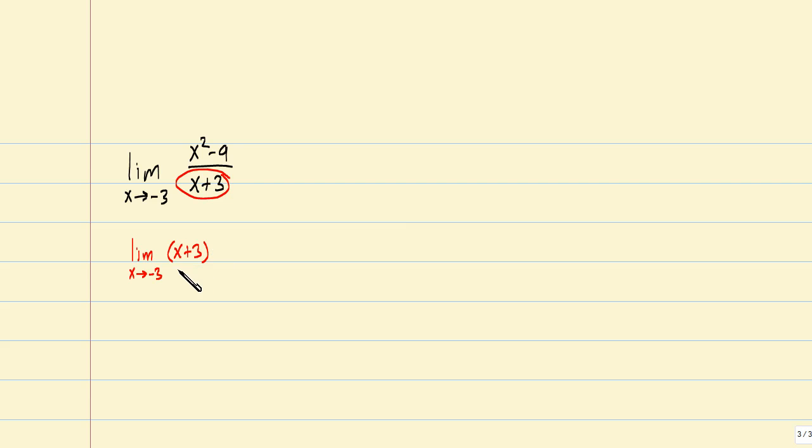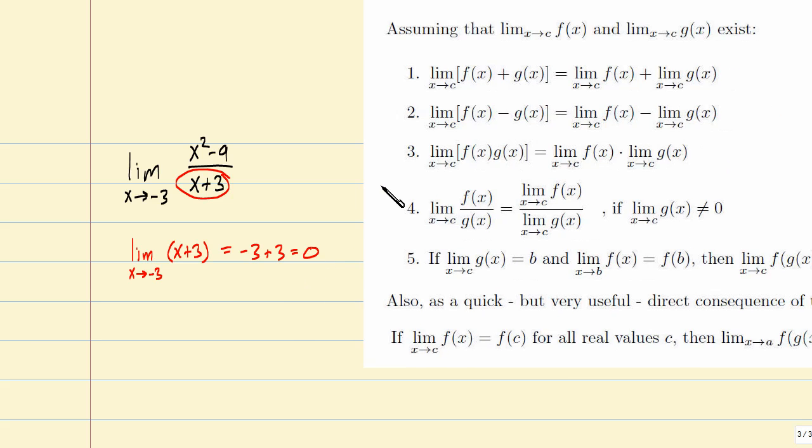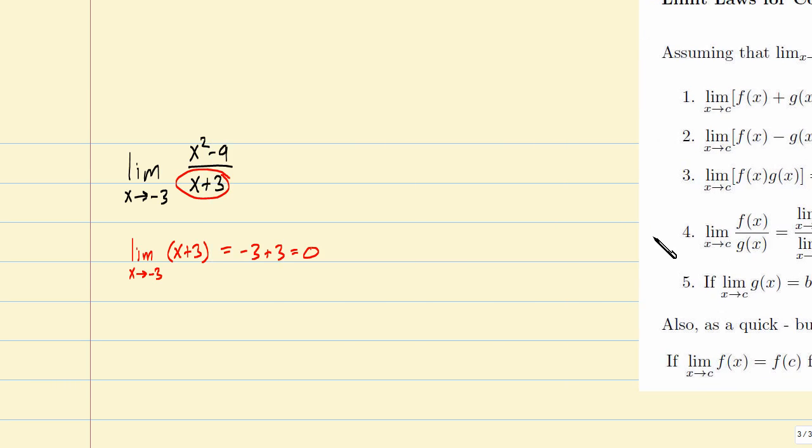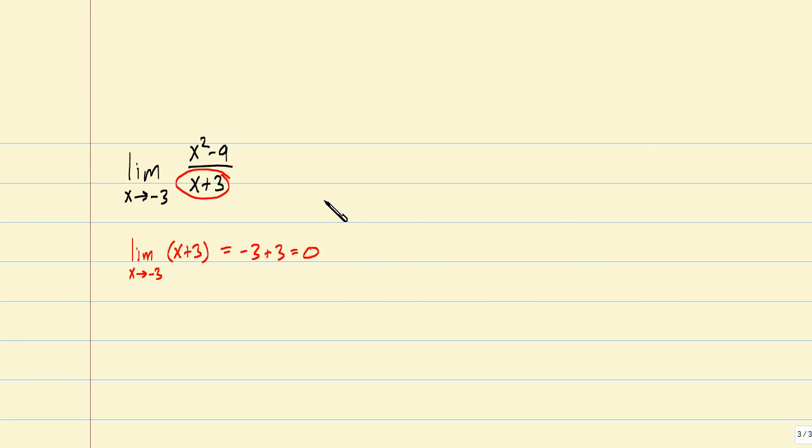And we've seen we can find limits of polynomial functions just by plugging this value into that function. So we'd have negative 3 plus 3 or 0. Uh-oh. It looks like we can't apply this limit law for quotients of functions. We haven't met the condition. So we're going to have to find another way.